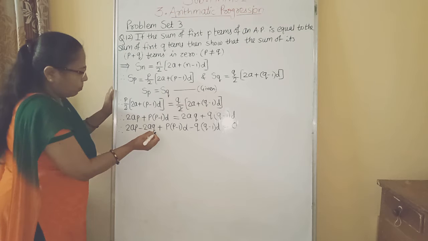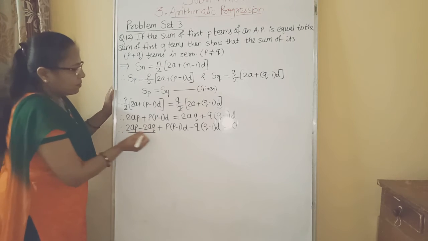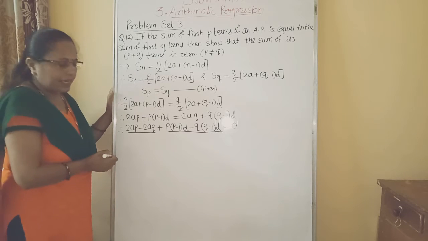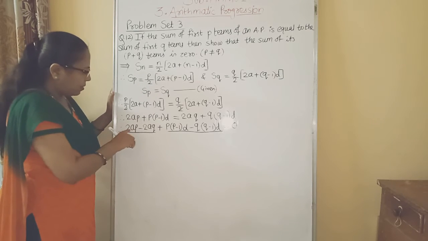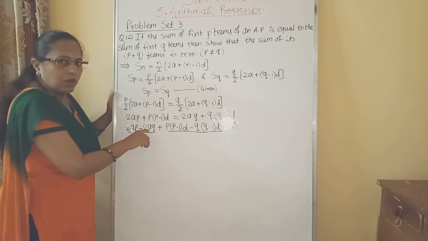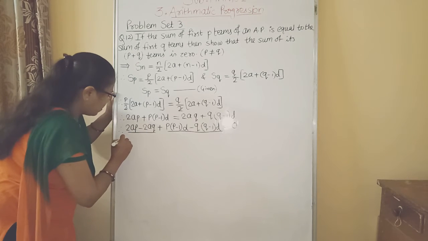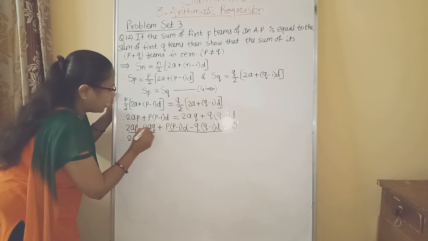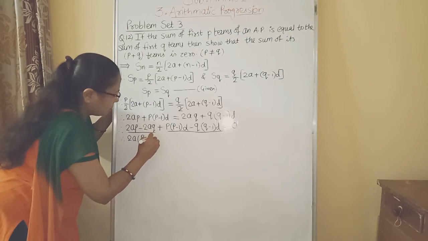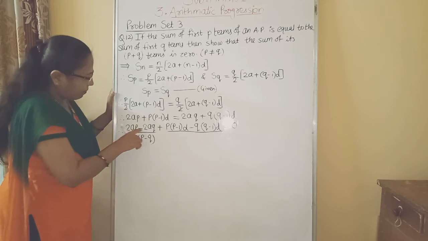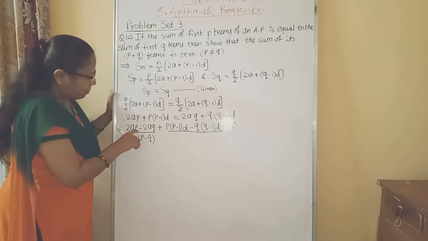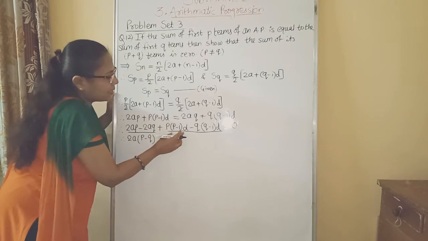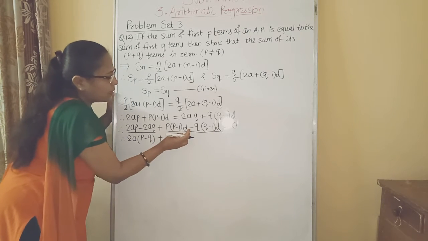Now we will make groups here. By binomials we will go for factorization. Now here we will get 2a as a common factor. So in bracket we will get p minus q. See, 2a we taken common, so in bracket we will get p minus q plus, now in this binomial what we will get common?